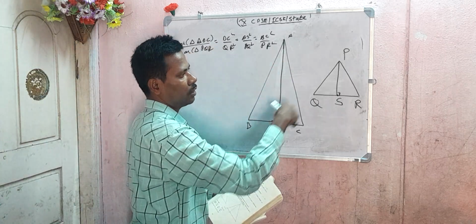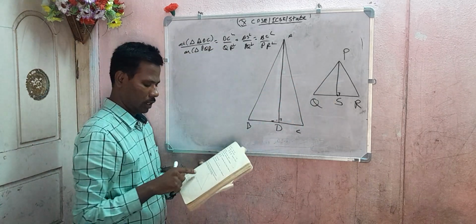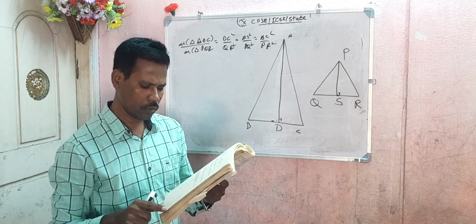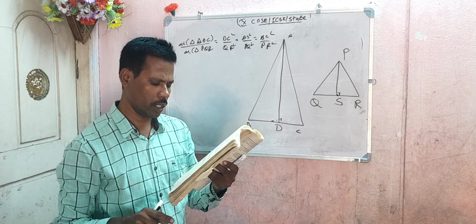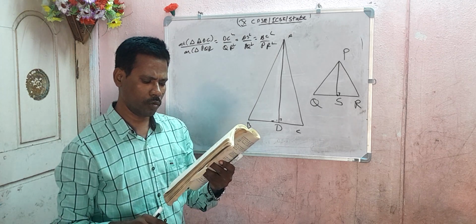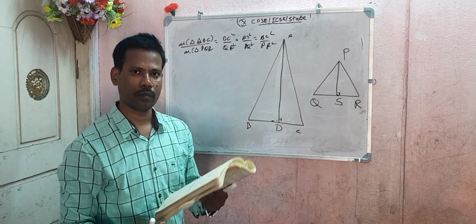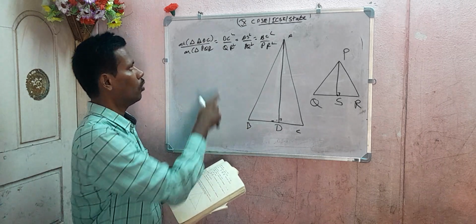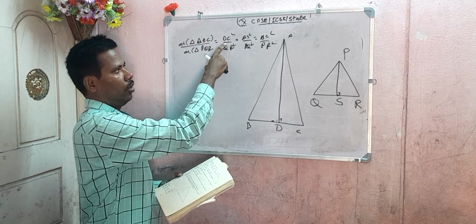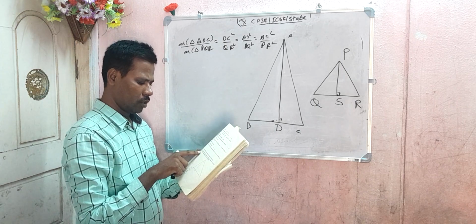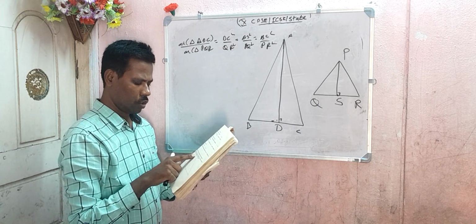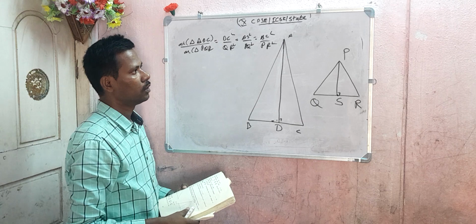Area of triangle means this triangle and this triangle I kept. Is equal to, what is it saying, is equal to the ratio of the squares of any two corresponding sides of a triangle.